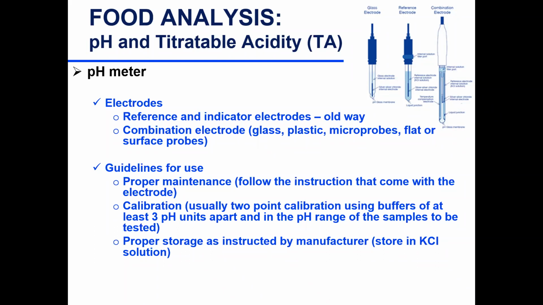We can wipe it with alcohol if we have fatty substances. Anyway, there are instructions that come with the pH meter to make sure that it is clean between uses, and also that the storage solution doesn't get dried out. So it has to usually be stored in KCl solution.